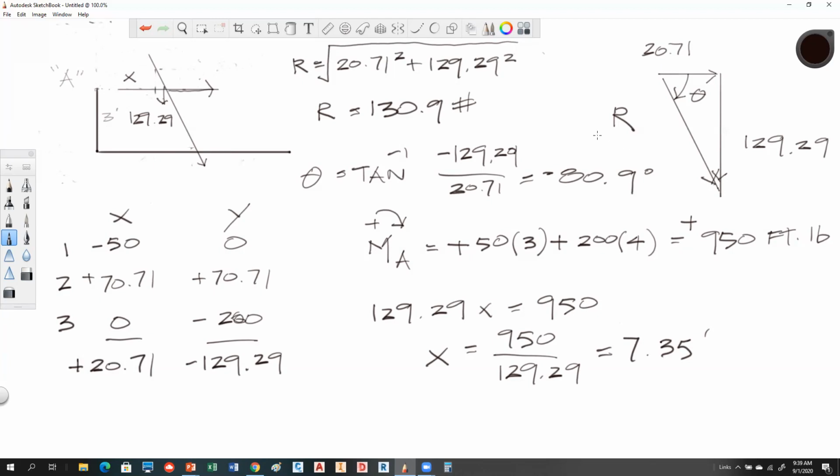So I know now the resultant's magnitude, the angle, and the location. So you know this, you know this, and you know this. This right here is the tricky part. Okay, did I lose everybody? Did everybody see that kind of?